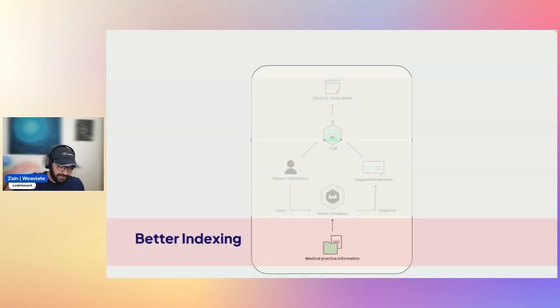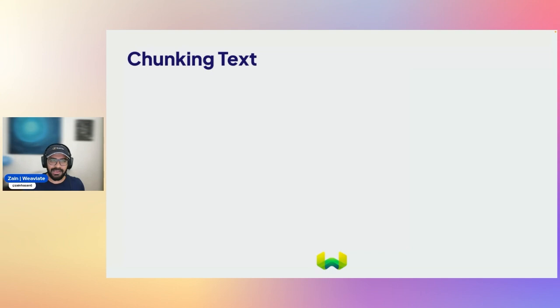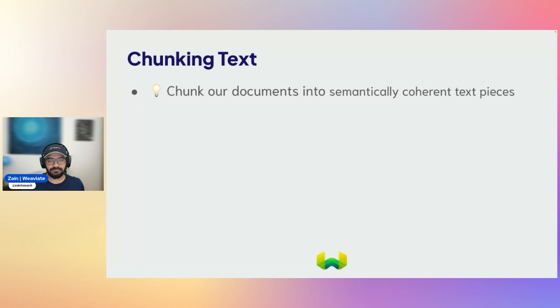So we're going to start off at the bottom, and better RAG starts off even before you've indexed your data into a vector database. Some of the choices you have to make are how do you chunk your data? The reason why this is a difficult choice is because depending on your domain, depending on what your data is about, you want to extract out text that is semantically coherent, right?